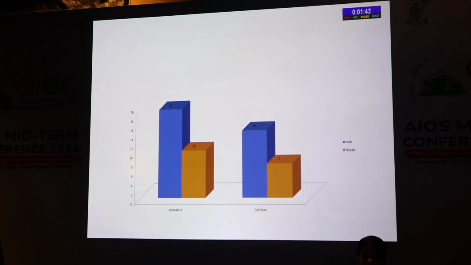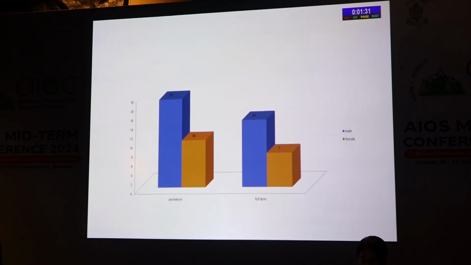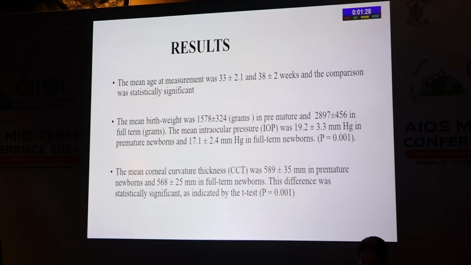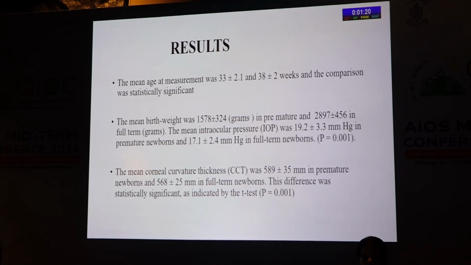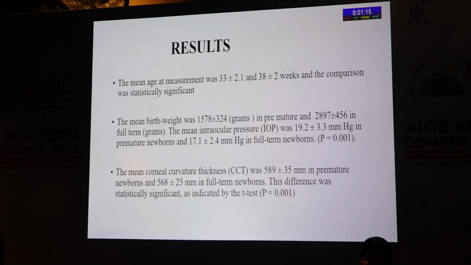This is the chart for premature and full-term newborns. A total of 29 premature newborns and 21 term newborns were included in the study. Result: the mean age of measurement was 33 plus minus 2.1 weeks for preterm newborns and 38 plus minus 2 weeks for term newborns, and the comparison was statistically significant, p-value less than 0.01.